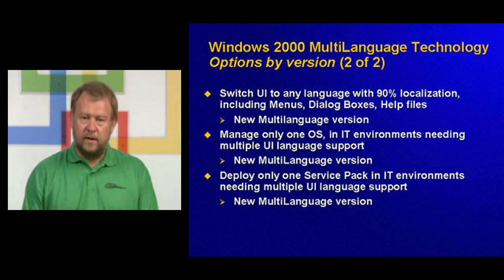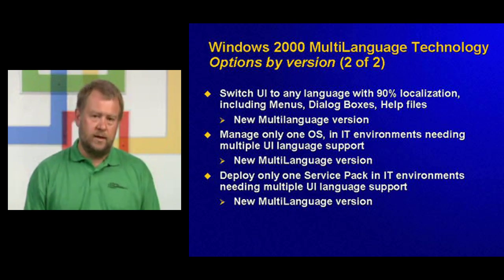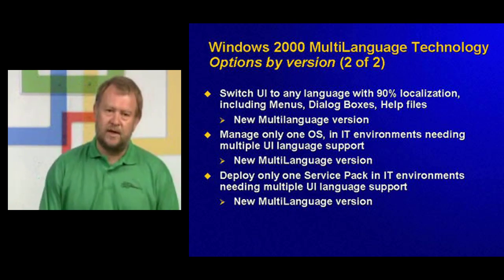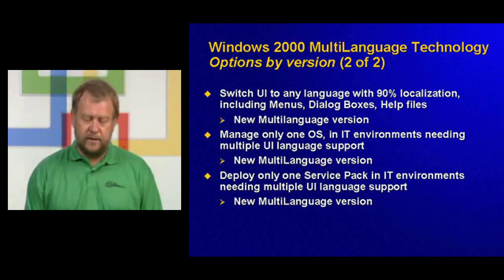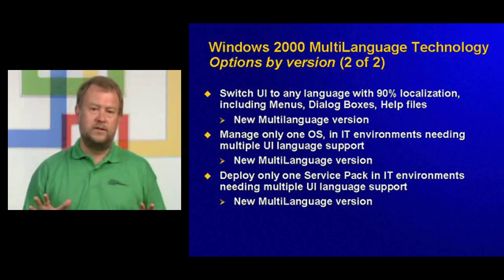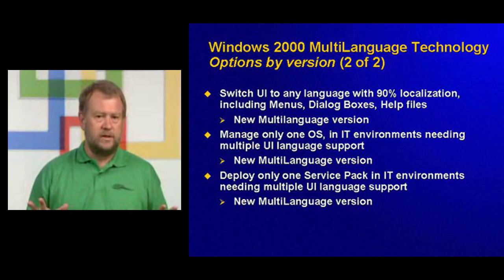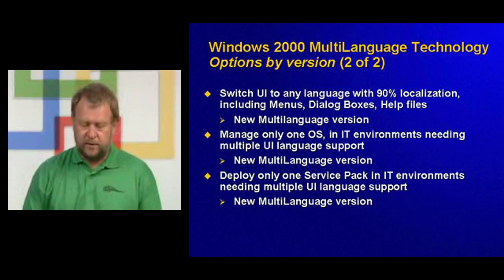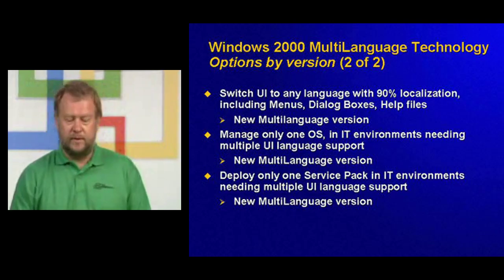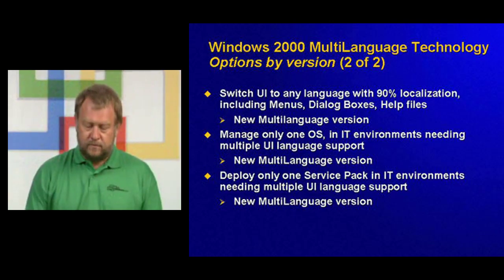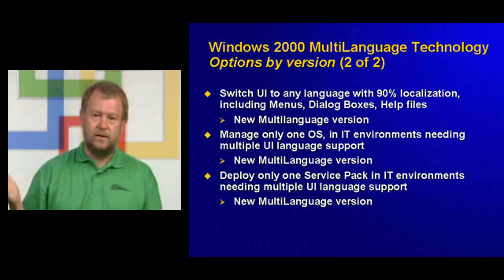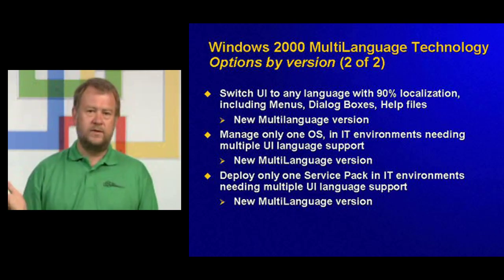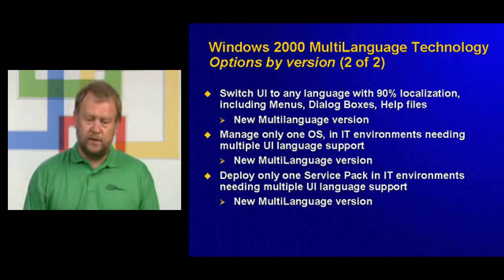If you're in a management situation, the IT part of an enterprise, for example, then I think you'll find that you'll be able to manage the multi-language version the easiest, rather than having a mixture of various different language versions. And so that's what we encourage people to do. You'll be able to deploy just one service pack for all of the client systems in your domain, for example, if you use the multi-language version.